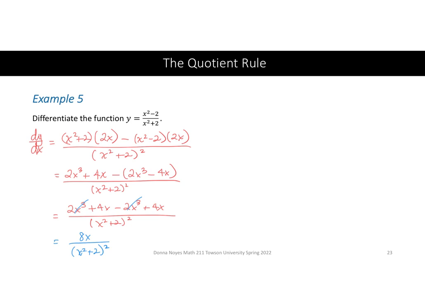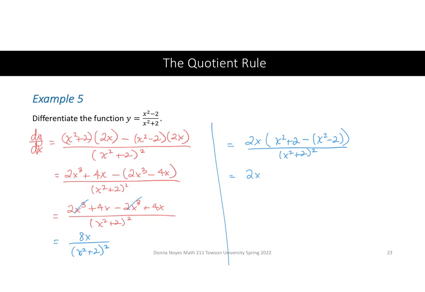The question is, what would it have looked like if we had factored? Well, if we had factored instead, here we would have said, all right, I'm going to take out 2x from both terms, because that's the only thing they have in common. And then I would be left with an x squared plus 2 minus, and then in parentheses over here, just the x squared minus 2. All of it is still over x squared plus 2, quantity squared.